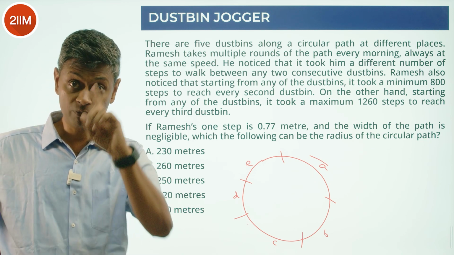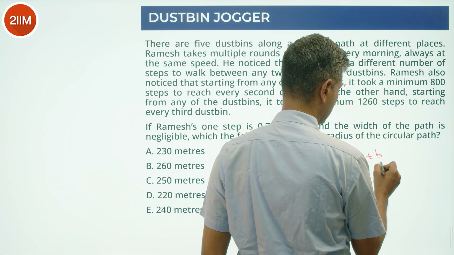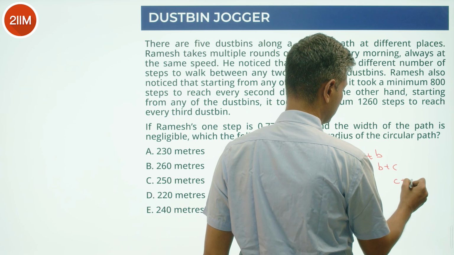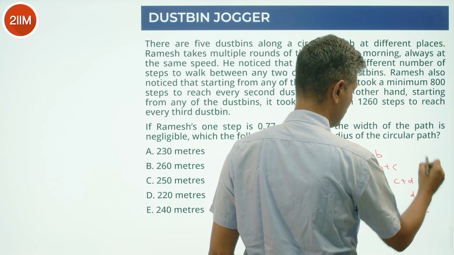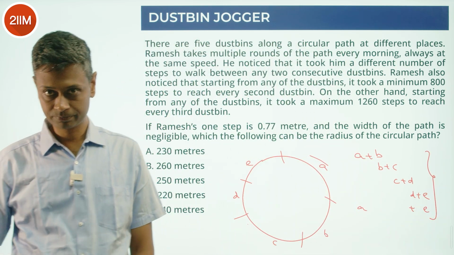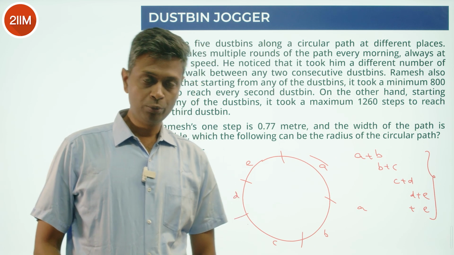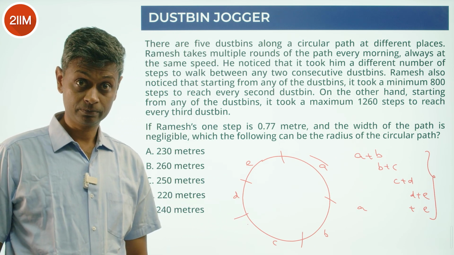Or if I add all of them, think about this beautiful idea. A plus B, B plus C, C plus D, D plus E. Each of them is at least 800. Beautiful. So if I add all of them, I get 2A, 2B, 2C, 2D, 2E.